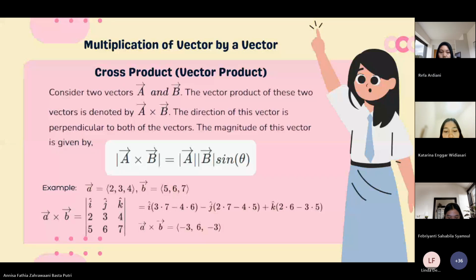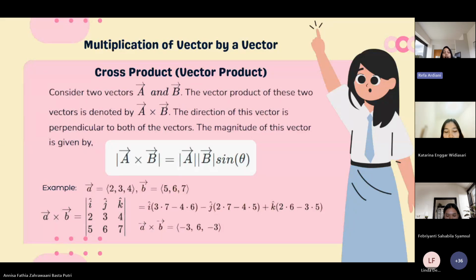And then calculate the k component. 2 times 6 minus 3 times 5. 2 times 6 equals 12, and 3 times 5 equals 15. And 12 minus 15 equals negative 3.